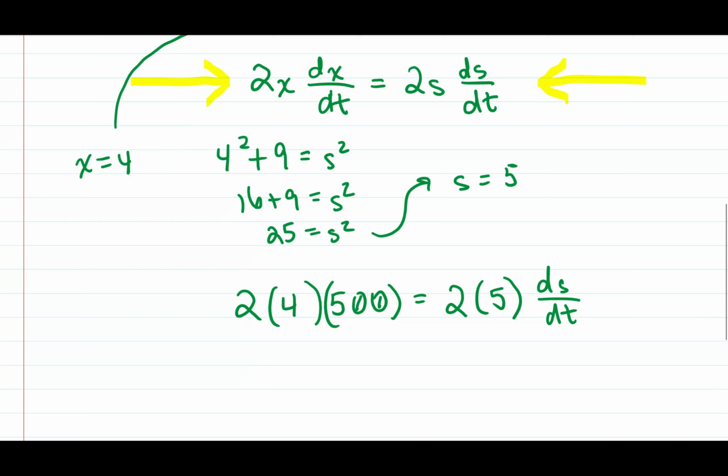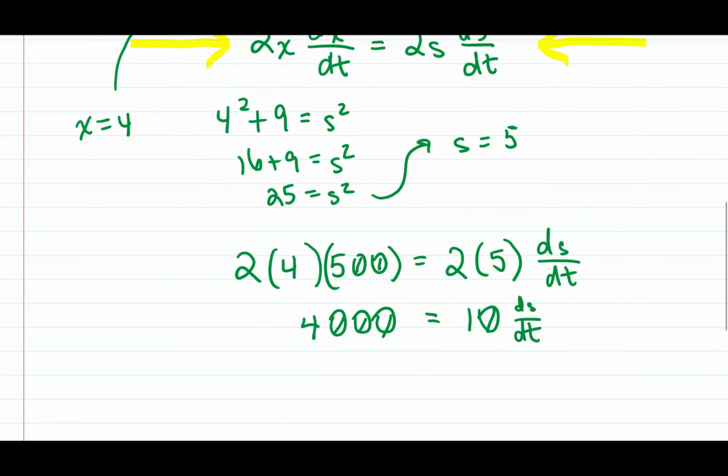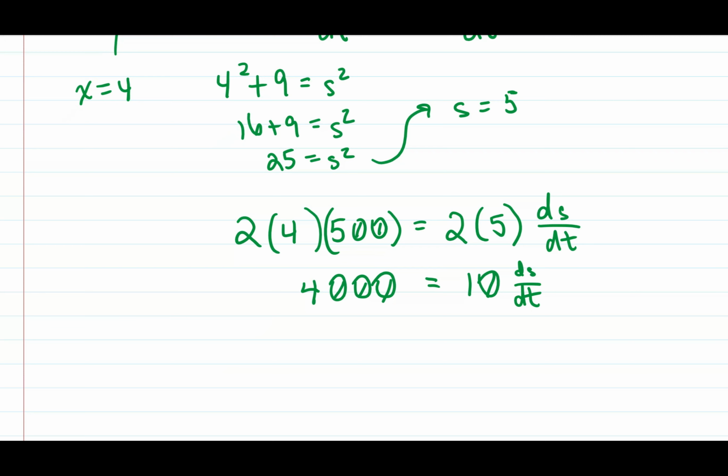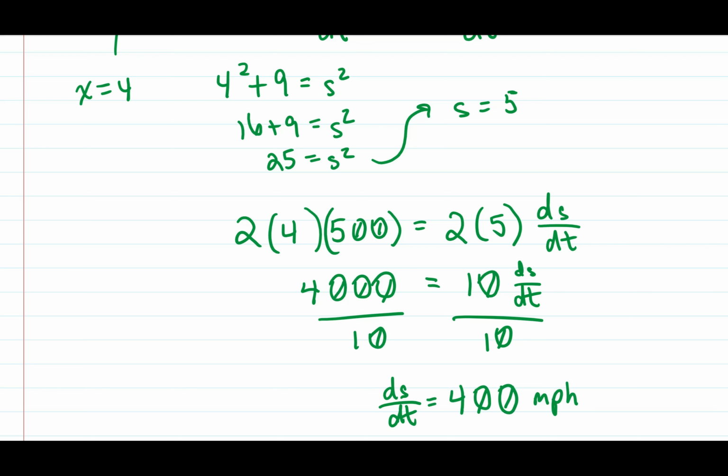Working this out algebraically, we get 4,000 is equal to 10 ds/dt. Dividing both sides by 10, we get ds/dt is equal to 400 miles per hour.